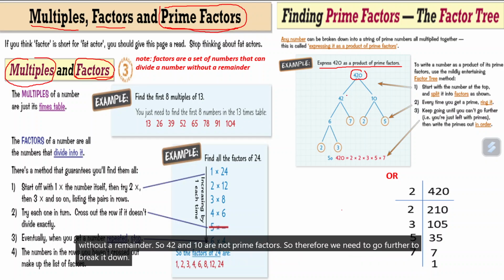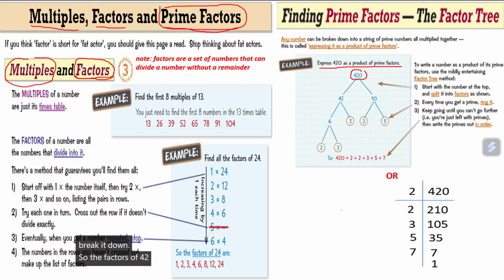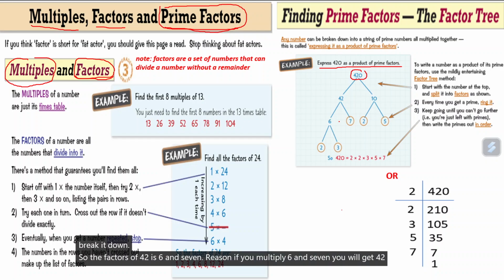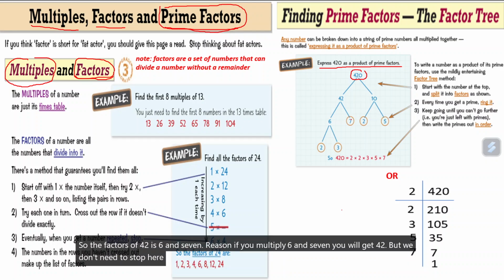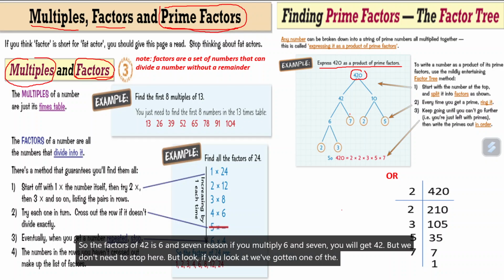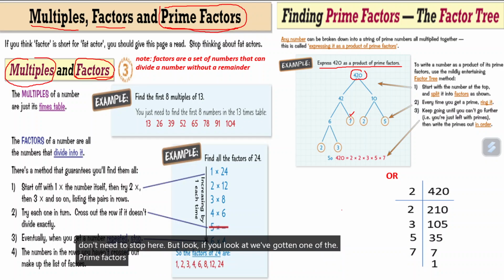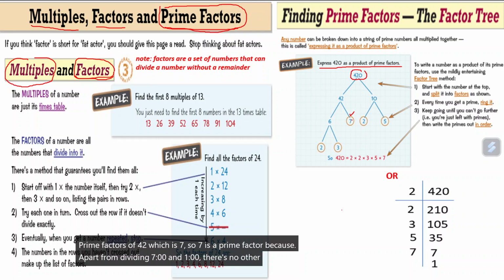The factors of 42 are 6 and 7. Reason: if you multiply 6 and 7, you will get 42. But we don't need to stop here. Look, we've gotten one of the prime factors of 42, which is 7. So 7 is a prime factor because apart from 7 and 1, there are no other numbers that can divide 7.